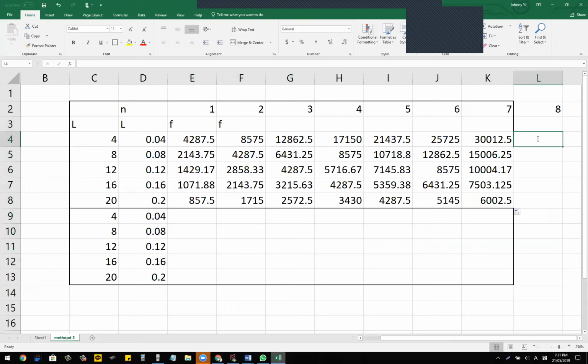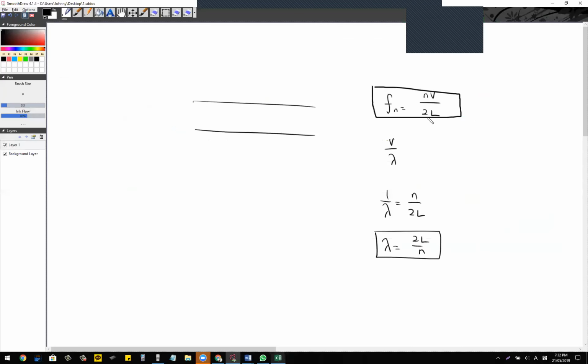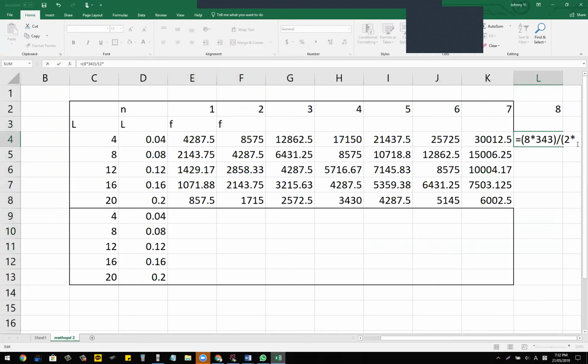And for the 8, it'll be 8 times 343 in the bracket, 8 times 343 divided by 2 times, yeah, 2L. So 2 times the L there. Scroll it down. Yeah. So these are all the frequencies.